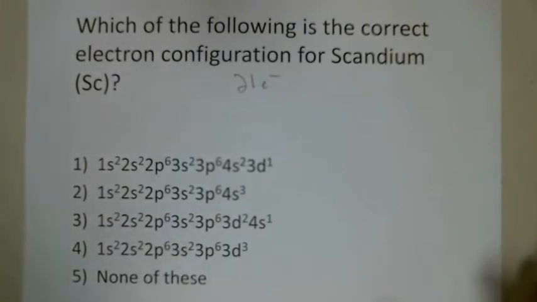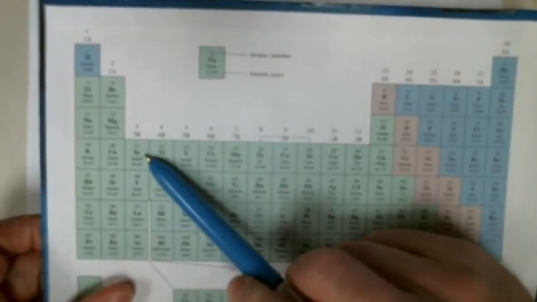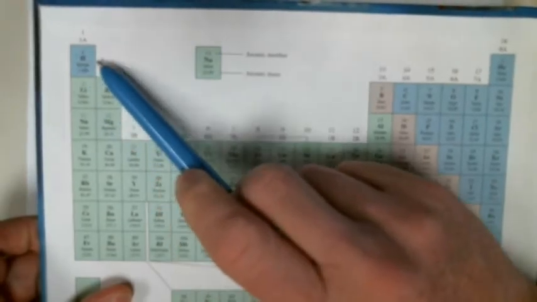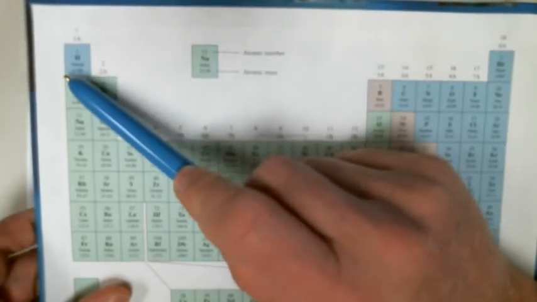I think I will. So here's scandium, right? Let's just go through the periodic table. First row is the first quantum number, the principal quantum number, right?